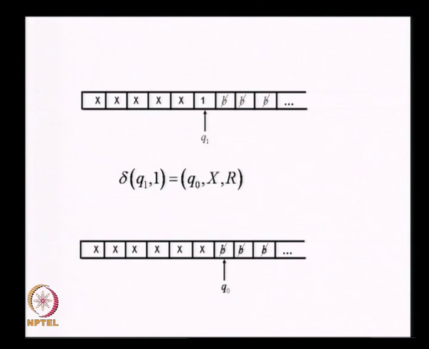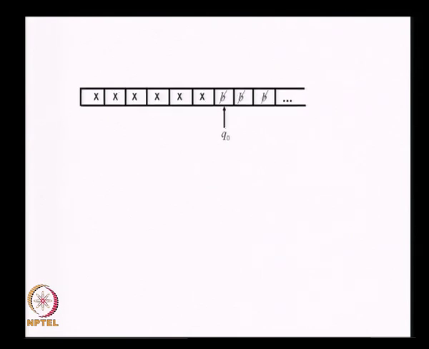So, it reaches the first blank symbol in state q0. If it reaches the first blank symbol in state q0, that means it has encountered an even number of ones. If it has reached this cell in state q1, that means it has encountered an odd number of ones. So, depending upon that, it has to print an E or an O.